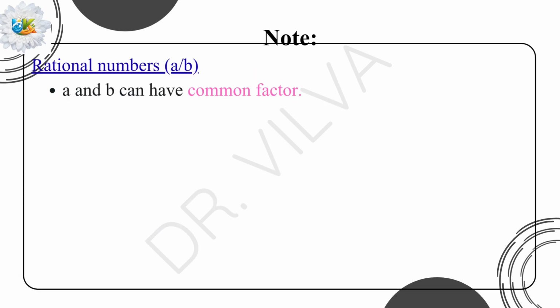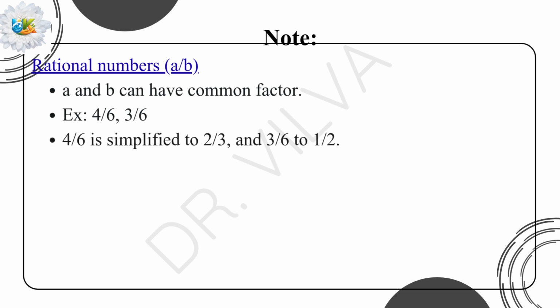However, if a and b have a common factor, for example 4 by 6, we must simplify by dividing both by their common factor 2. It reduces to 2 by 3.